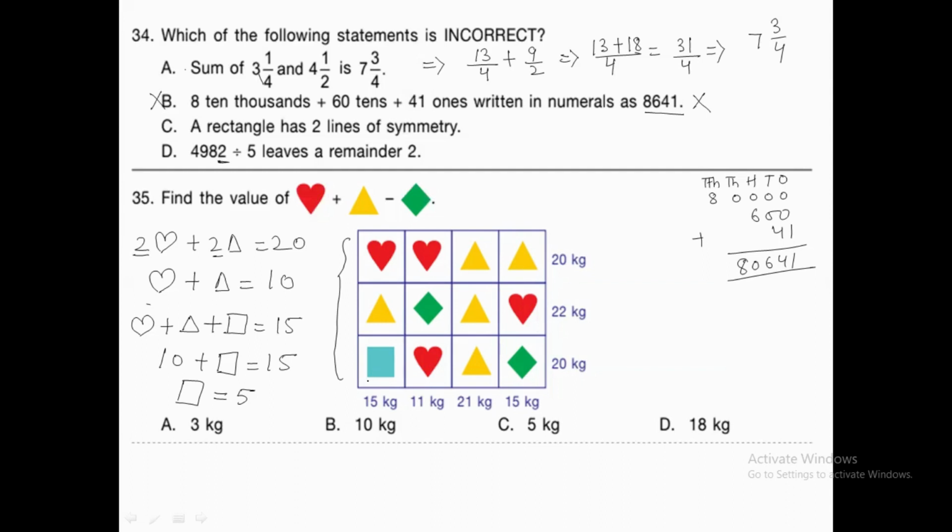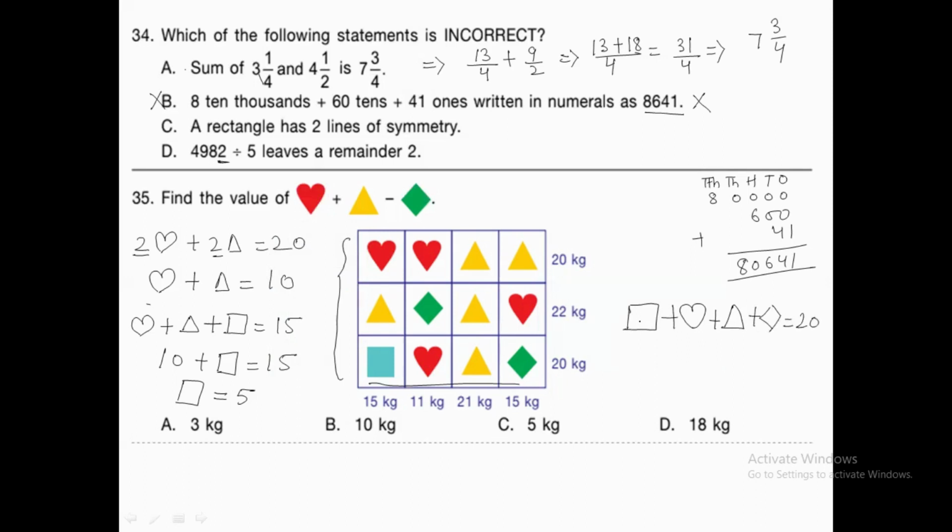In the given option like this one, the value of square plus heart plus triangle plus diamond is equal to 20 kg.